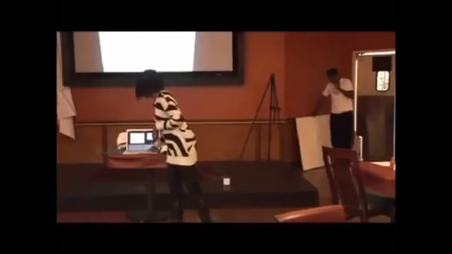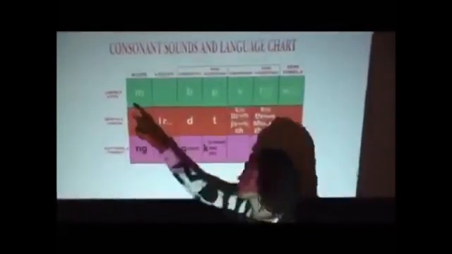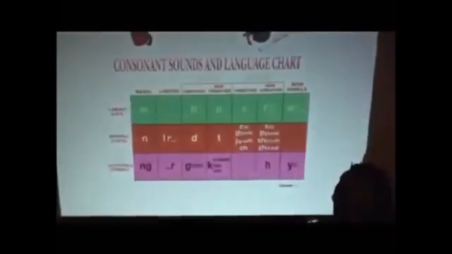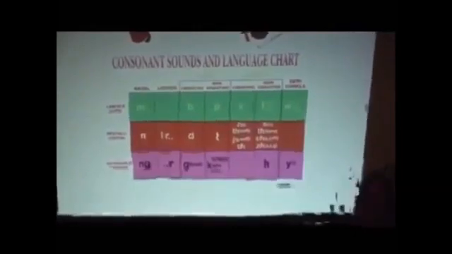Abdullah actually has this on his website. This is how you classify consonants. This is labials, that's your lips. Nasals, that's your teeth. Gutturals, that's your throat. How do I make the sound? I make labial sounds with my mouth, like the letter M. I use my lips.